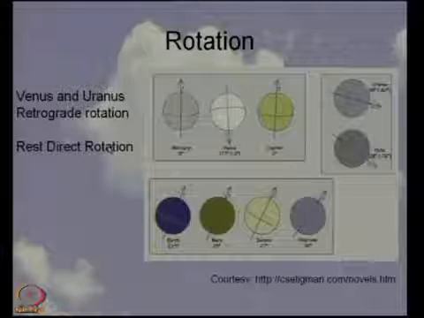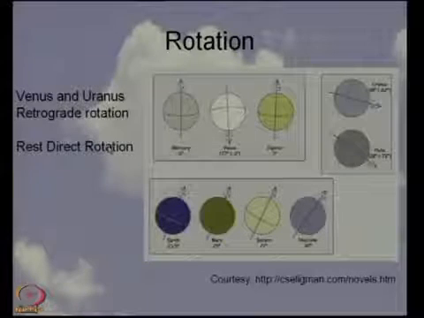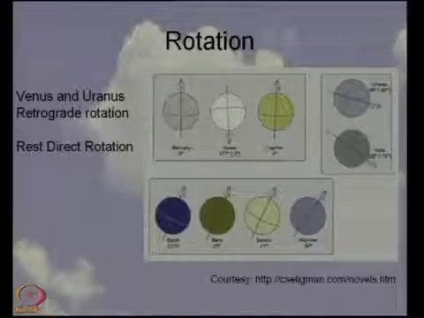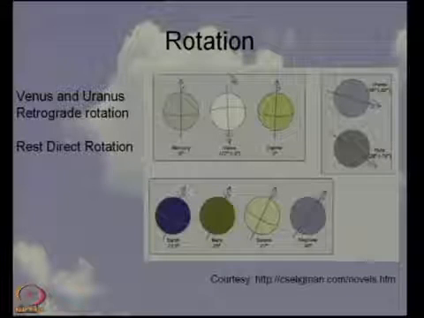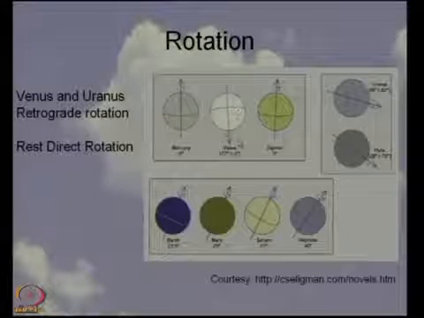So, when the rotation and revolution are in the same direction, it is called direct rotation, and most of the planets show this. There are two exceptions. One of them is Venus here, whose rotation axis is in the opposite direction.